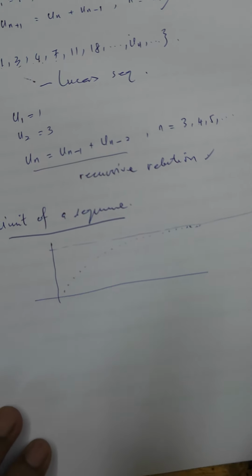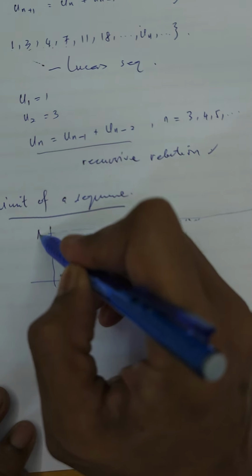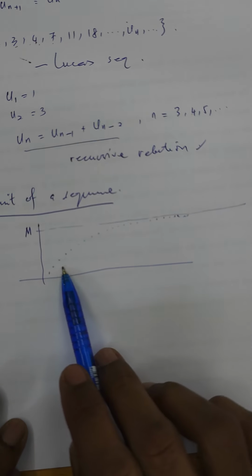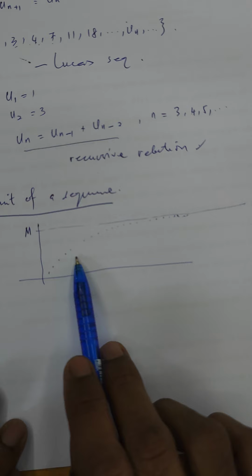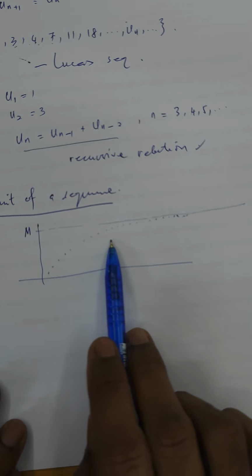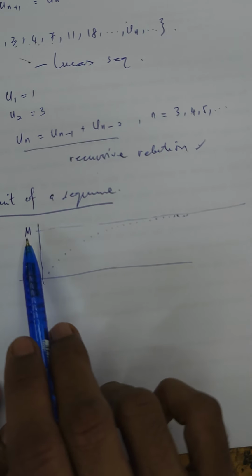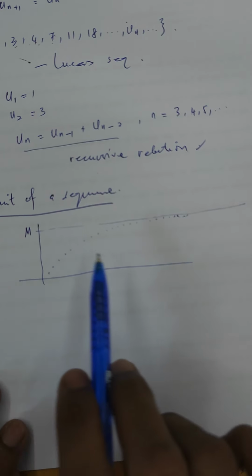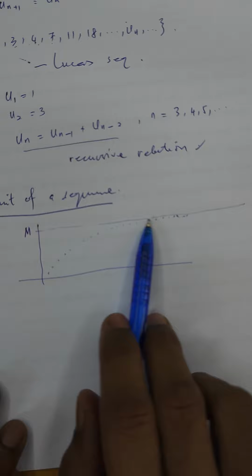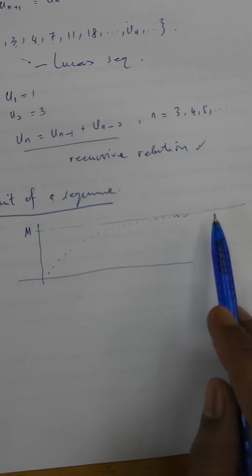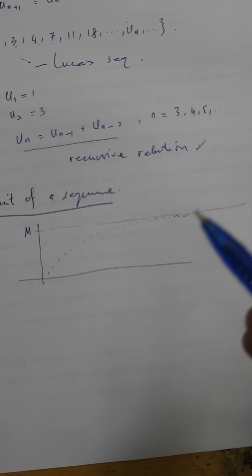Let's call this number m. So for this sequence, each element does not exceed the number m. In this case, we say that this number is a limit to that sequence, the maximum that the elements of the sequence can have.